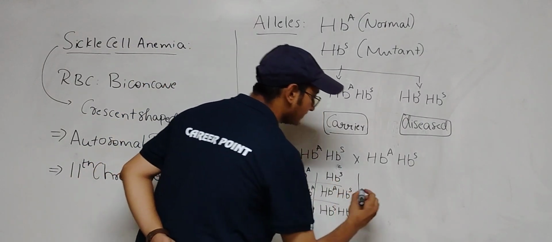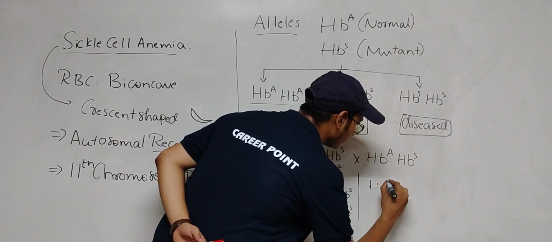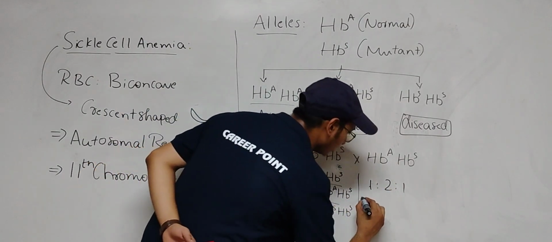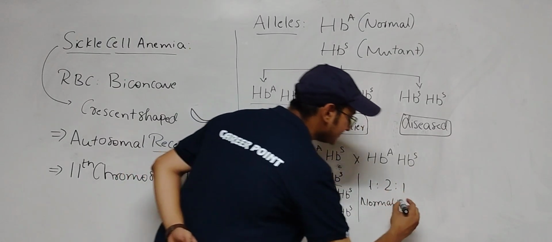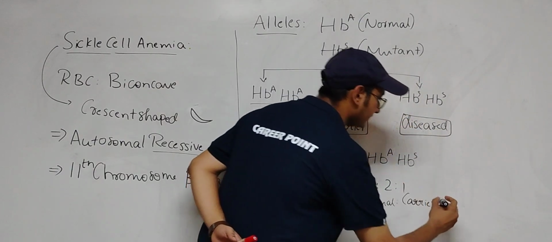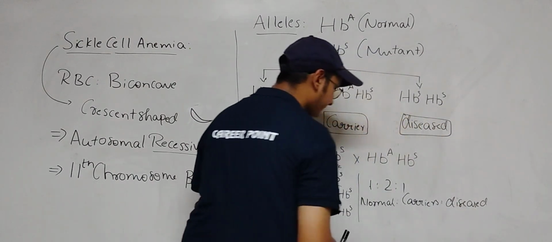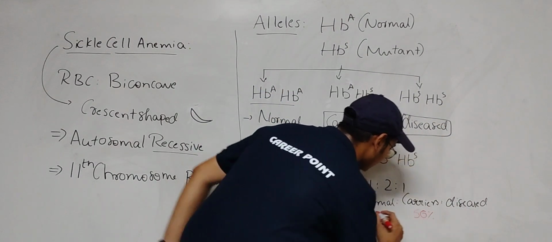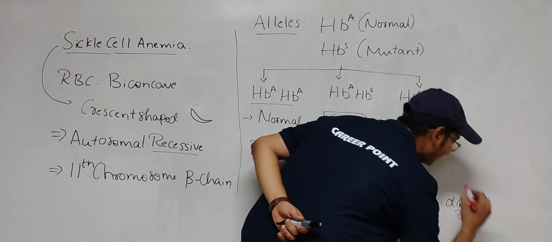So let's write the ratio. 1:2:1. One normal, two carriers, and the remaining is diseased. So 50% of them are carriers, 25% of them are normal, and 25% of them are diseased.